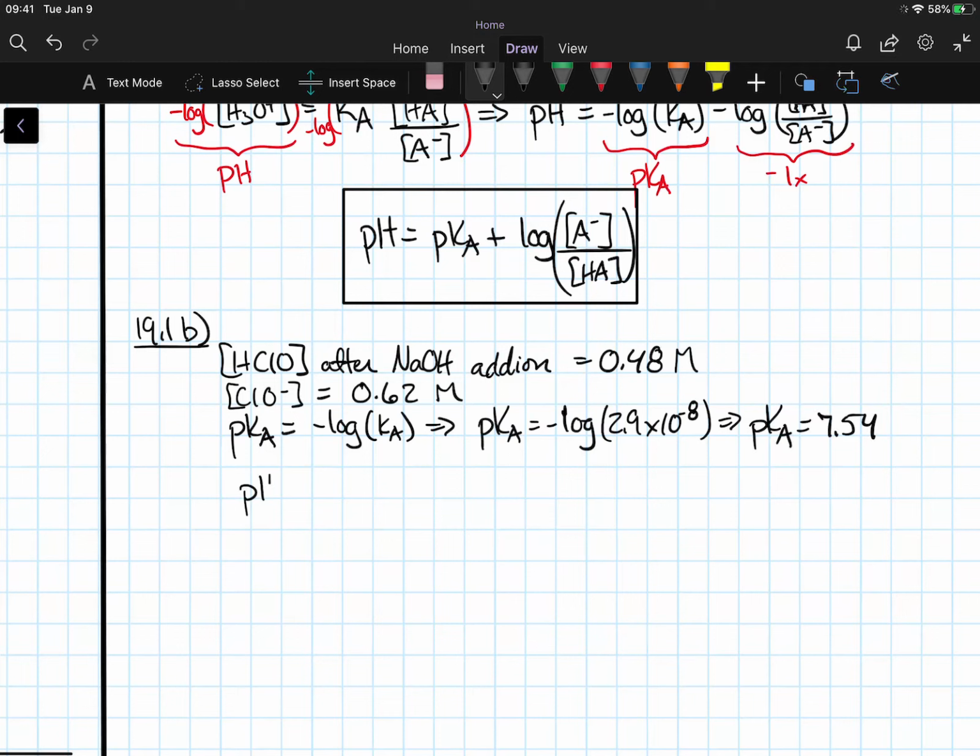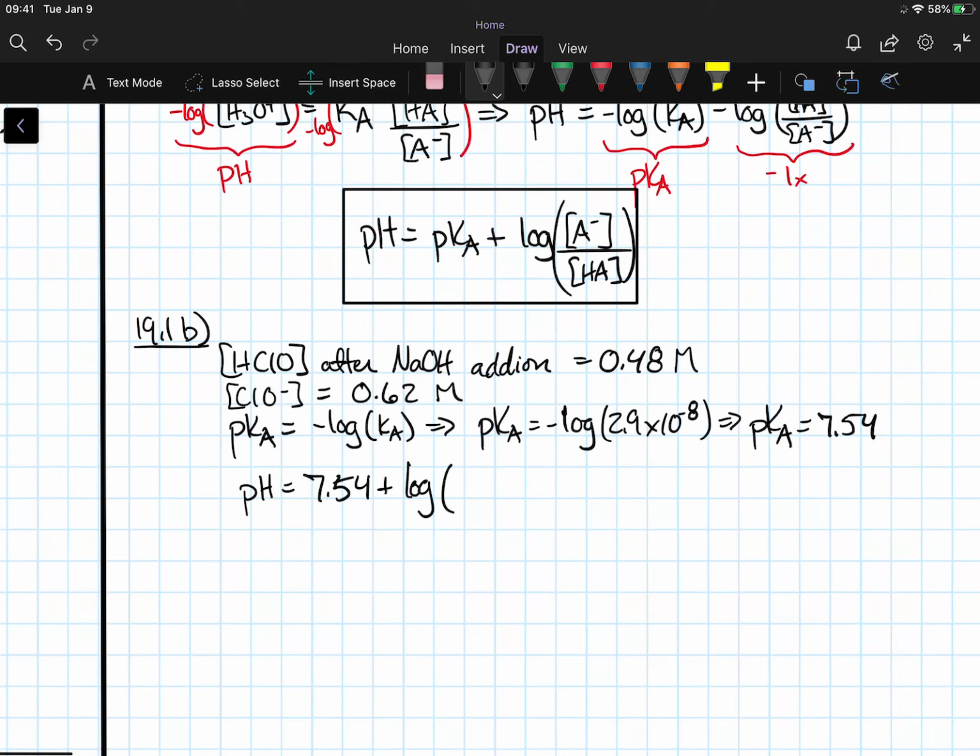So now finally, to estimate the pH quickly without having to do the ICE table or whatever, we just end up with 7.54 plus the log, and this is the tricky part. We have to make sure we use the correct concentration in the correct spot.